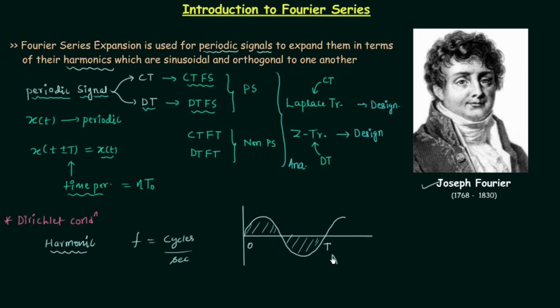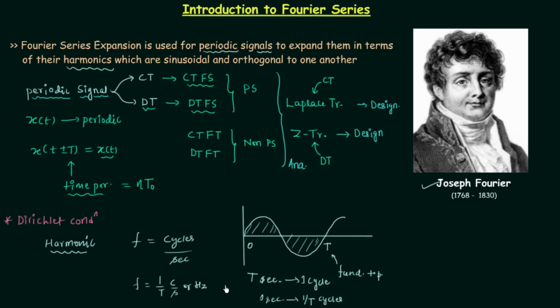So this T here is the fundamental time period of the sine function, and we can easily calculate the frequency. It is equal to number of cycles per second. The signal is taking T seconds for 1 cycle. So in 1 second we will have 1 over T cycles. Therefore the frequency is going to be 1 over T cycles per second, or simply hertz.